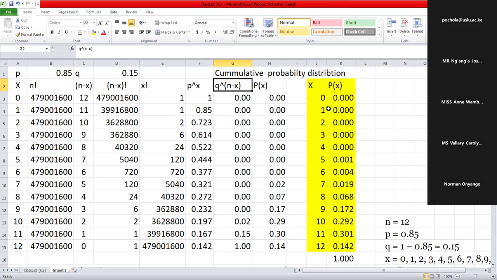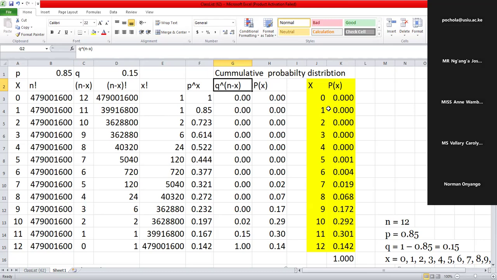The at most question and the at least question. I'll tell you what those mean. So let's start with the at most question.